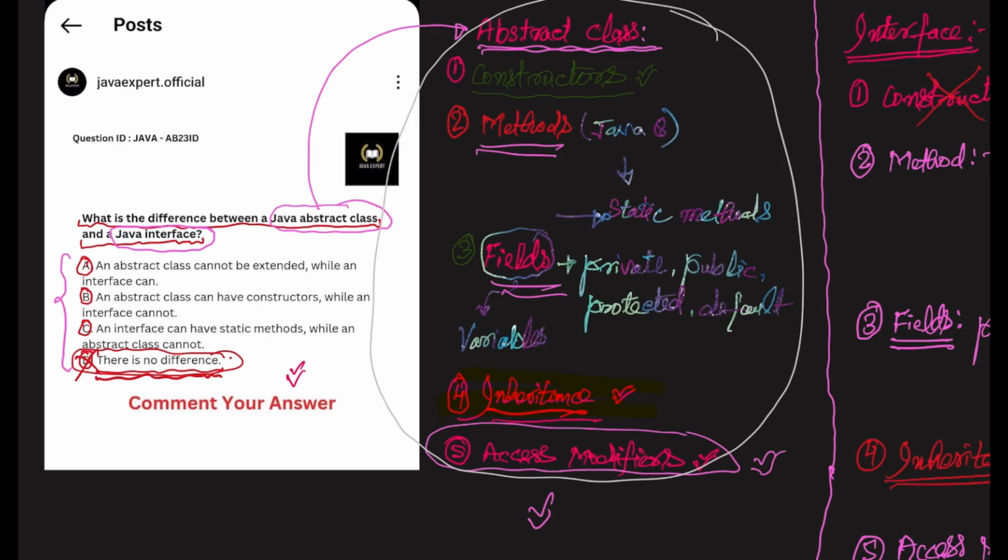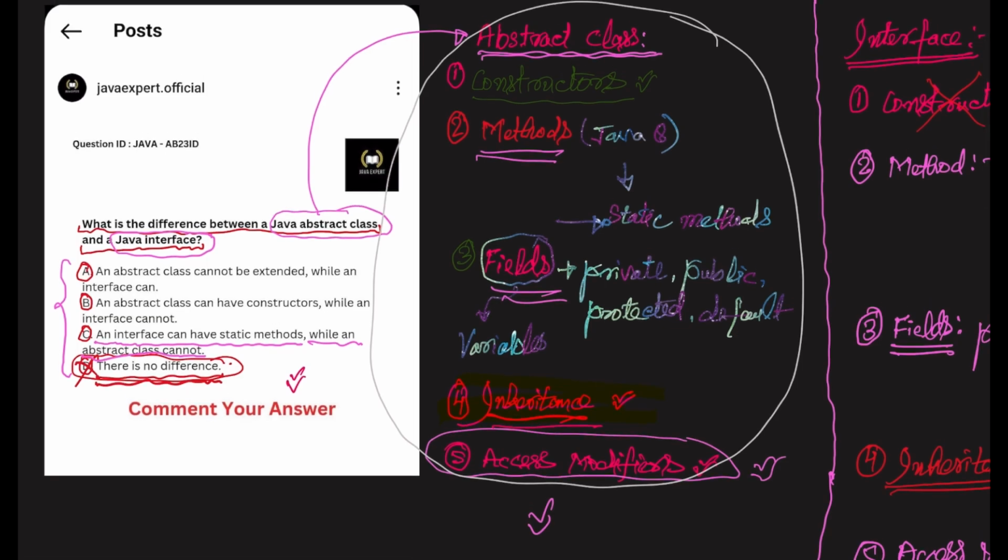Okay, now it's time to check option C. Let me just change the color. Option C: an interface can have static methods while an abstract class cannot. I have already explained who has a static method and who does not.